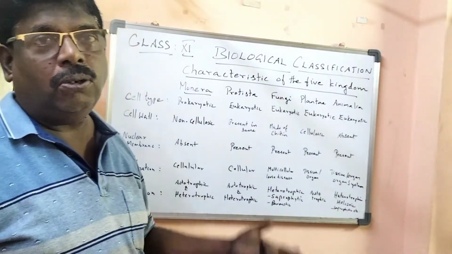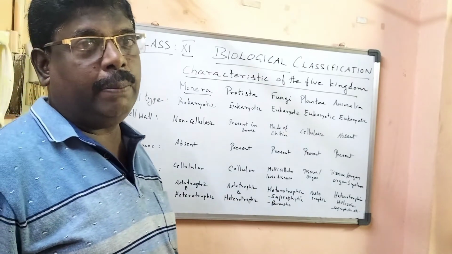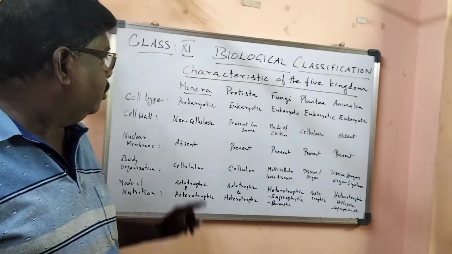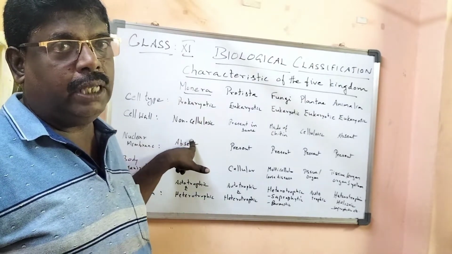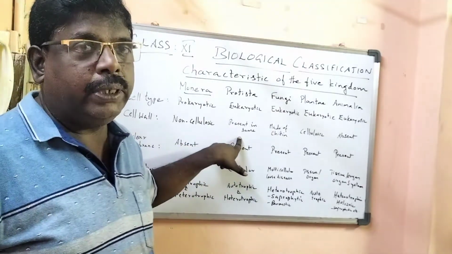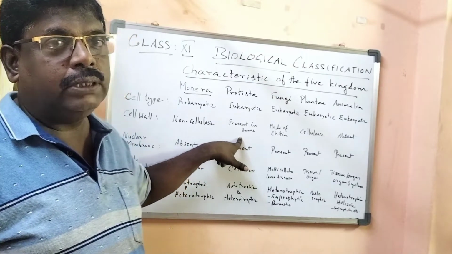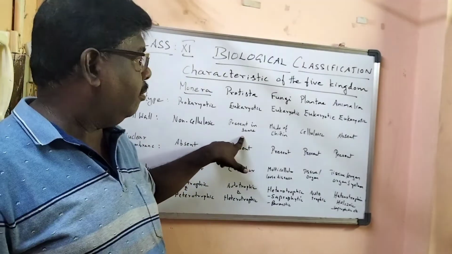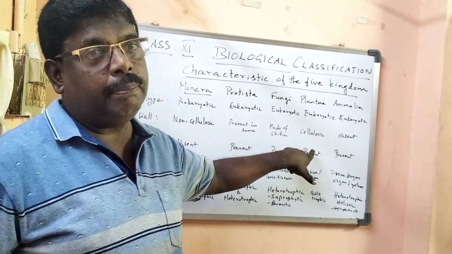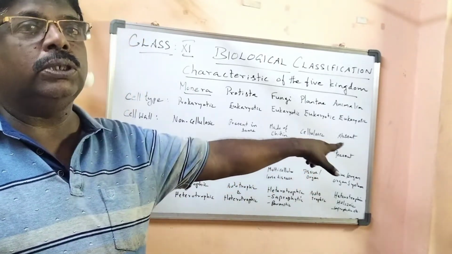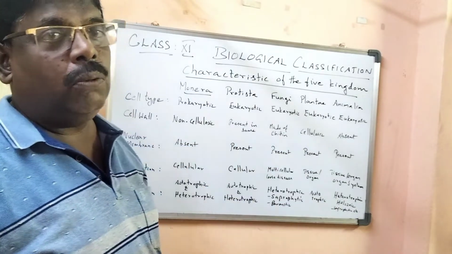In Animalia, we all know that the animal cell has only a cell membrane, no cell wall. So Monera, the kingdom which includes bacteria, are non-cellulosic. Protista have a cell wall in some organisms. Fungi, chitin. Plants, cellulose. Animals have no cell wall, only a cell membrane.